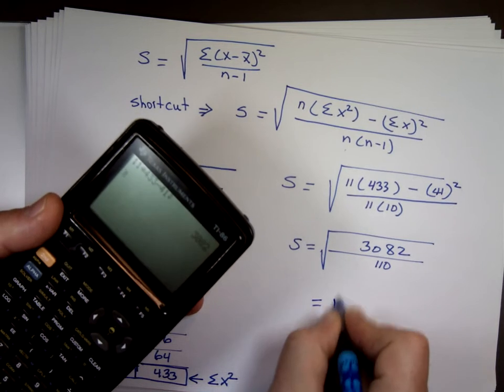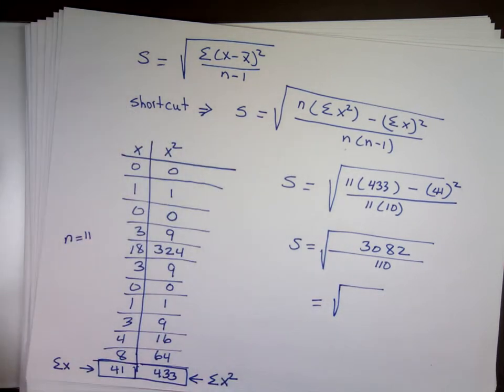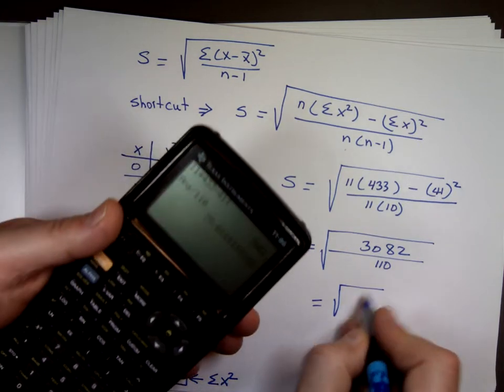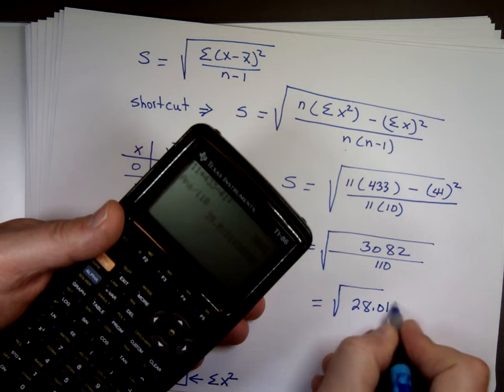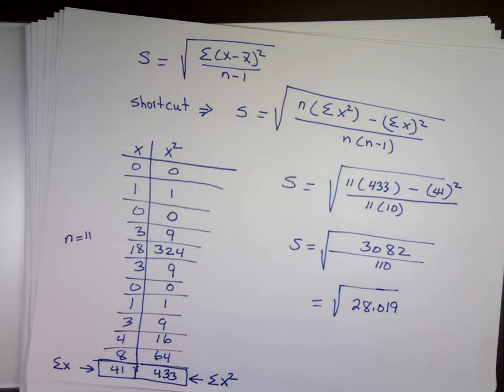Divided by 110. That's amazing. 28.019. What was it before? 28.0182. The difference is because of my rounding, because I rounded that number.